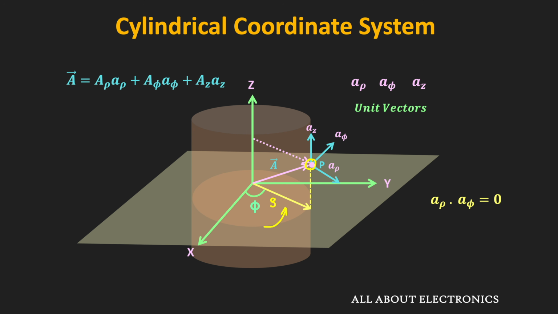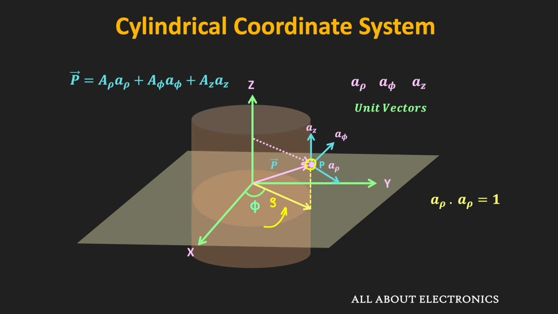That means if we perform a rho dot a phi or a phi dot a z, then that will be 0. And likewise, a z dot a rho will also be equal to 0. But on the other hand, if we perform the dot product of a unit vector with itself, then that will always be 1.